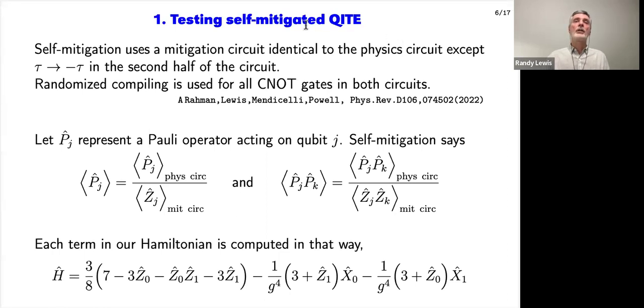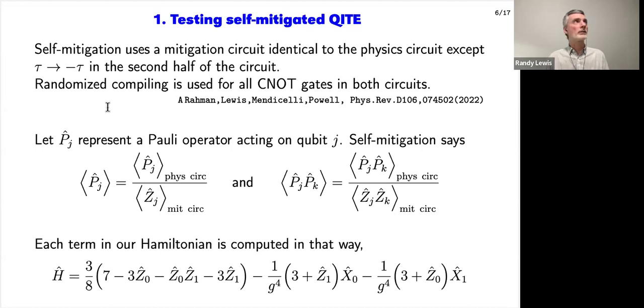And then we want to also run a separate circuit, which is our mitigation circuit, and it looks exactly the same as the physics circuit, except that in the second half, we'll just flip the sign of time. So whenever the physics circuit takes 10 steps forward in time to its final result, the mitigation circuit takes 5 steps forward, 5 steps backward, and arrives at the starting state, which is the state that the user chose. And it's a very easy state where we know all of the correct answers.